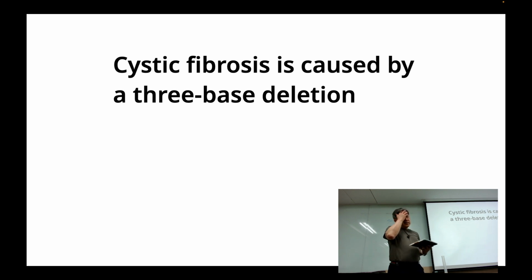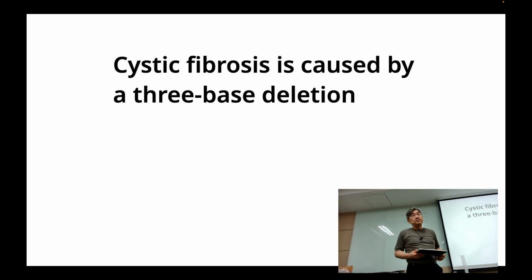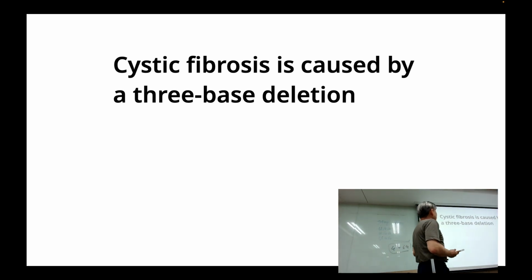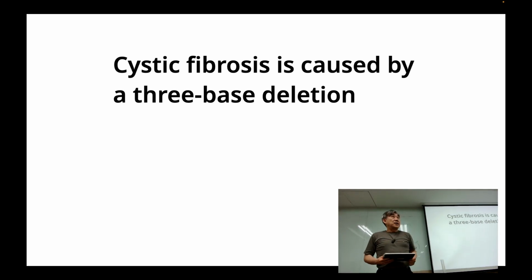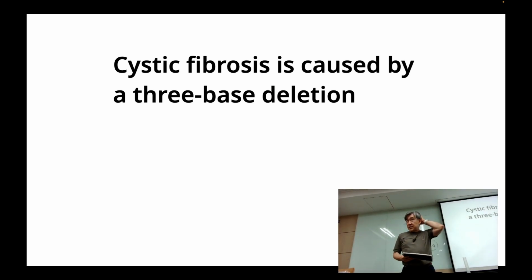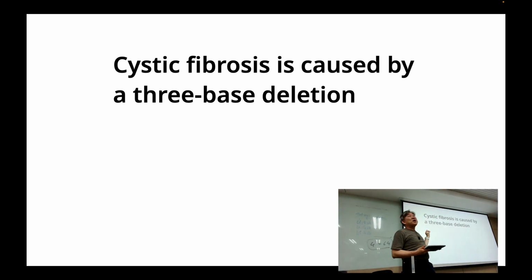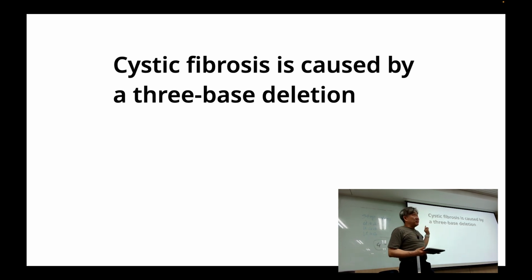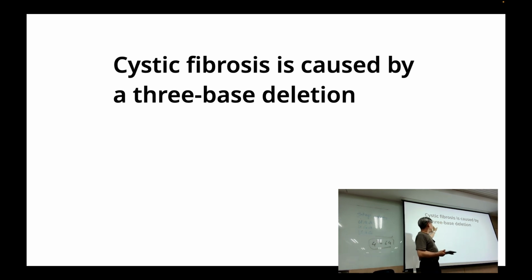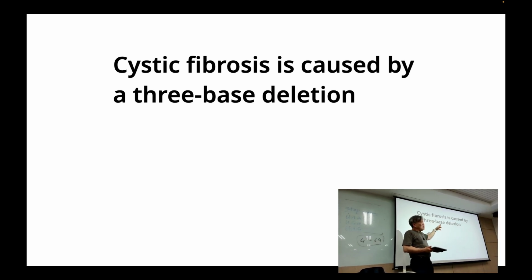Now, the second example of this kind of mutation is cystic fibrosis. This one is not a substitution, but a deletion. But luckily, seemingly luckily, this cystic fibrosis mutation is caused by a 3-nucleotide deletion.